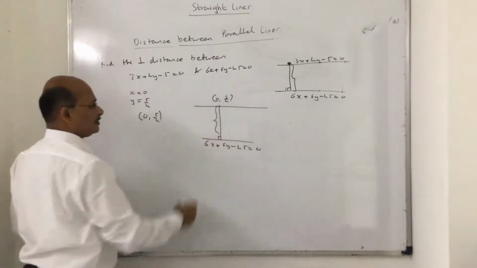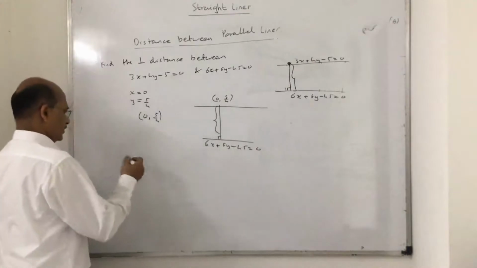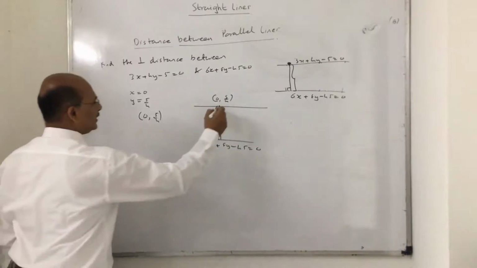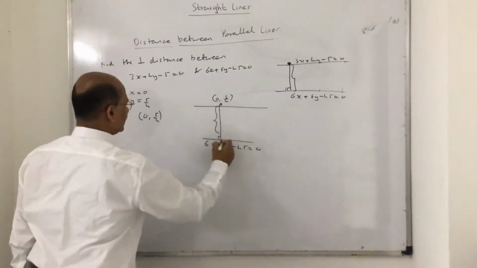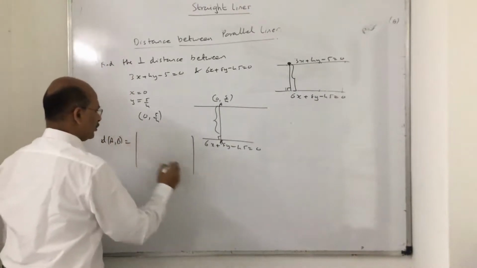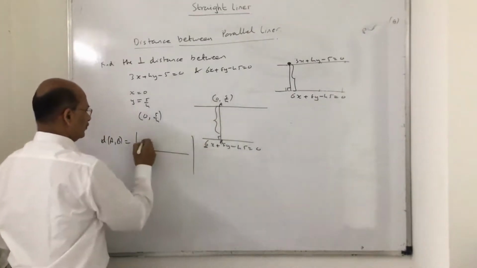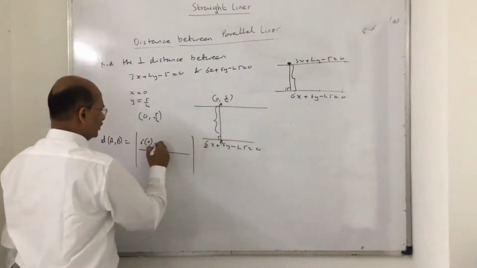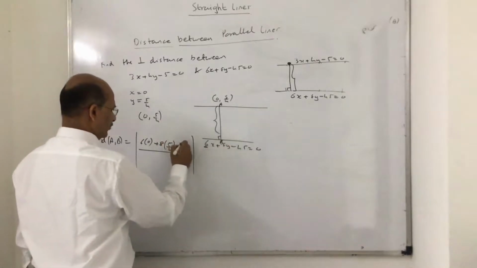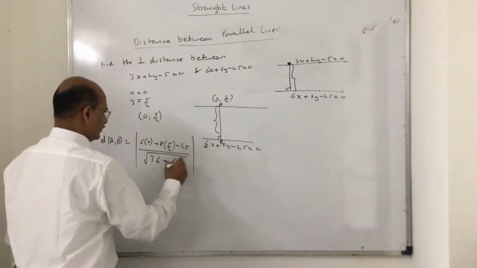Now I can find the distance by using the point-line formula, which I showed you previously in the previous sum. You can call this point A and this line B. The distance is the modulus of (A x1 plus B y1 plus C) upon the square root of A square plus B square.